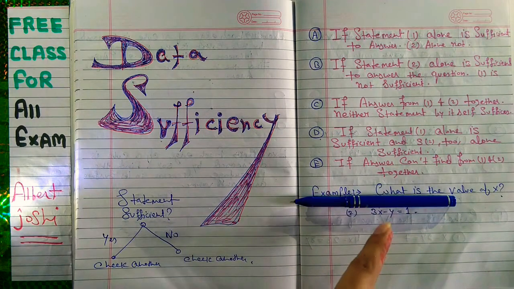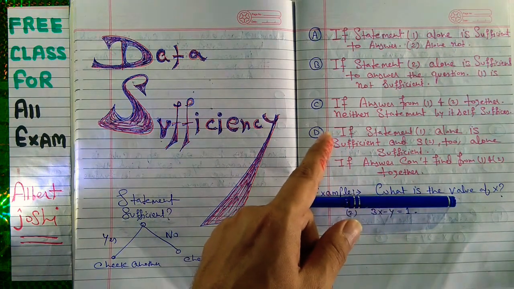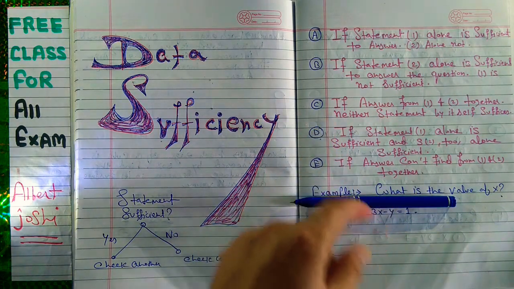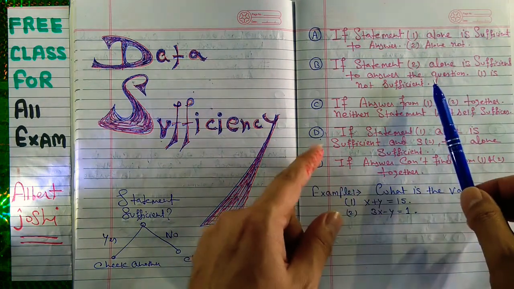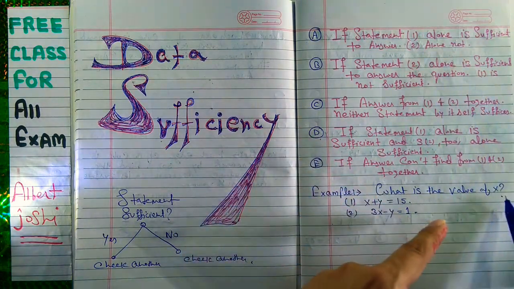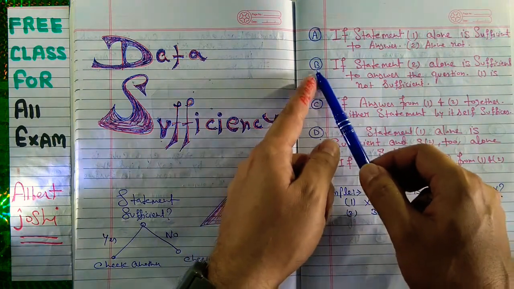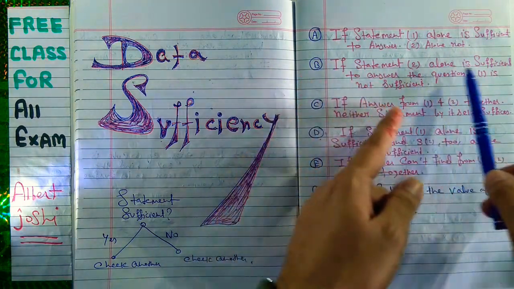We cannot find the value of x because here too we have another variable. So statement 2 is not sufficient, and your second answer is also wrong.